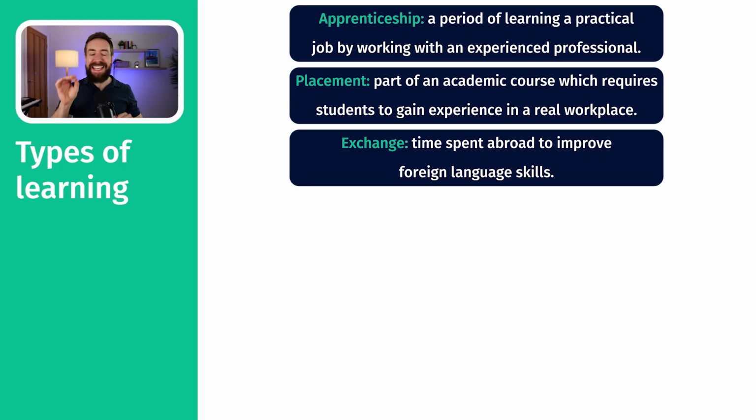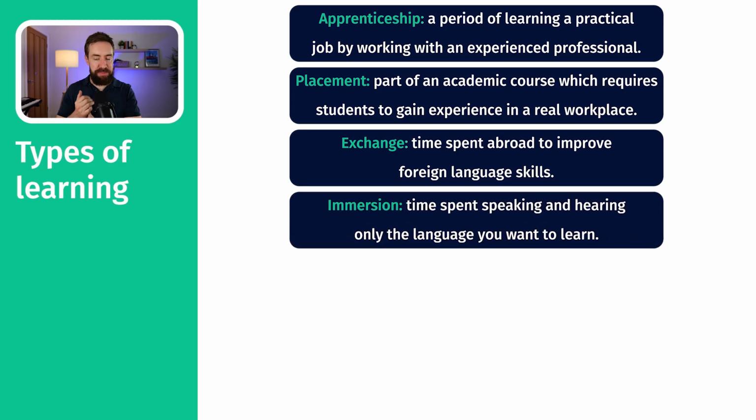And then the fourth one is immersion. So that's part of the reason that you might go on an exchange, because it's one thing, for example, if you're learning English and let's say you're from China or you're from Mexico or you're from somewhere else, but you're not in an English-speaking environment, it's hard to only learn English just from 1 hour a week of class, or even 10 hours a week of class is not really enough.